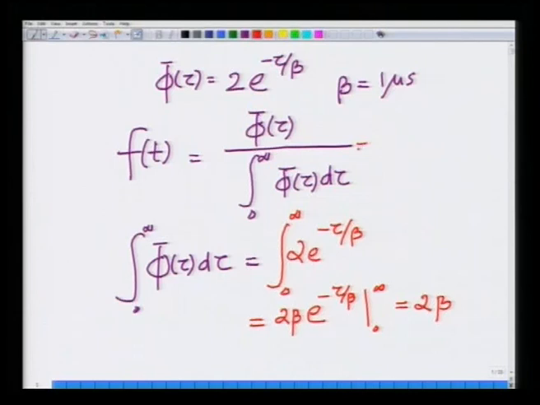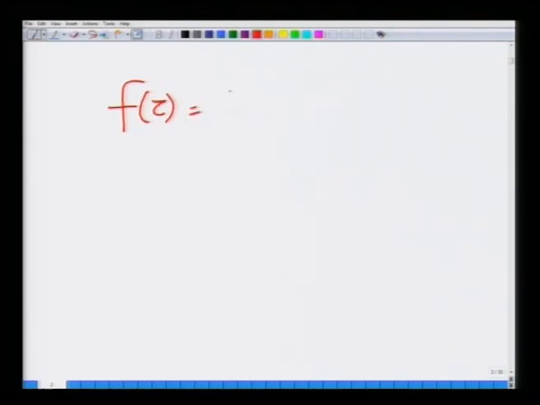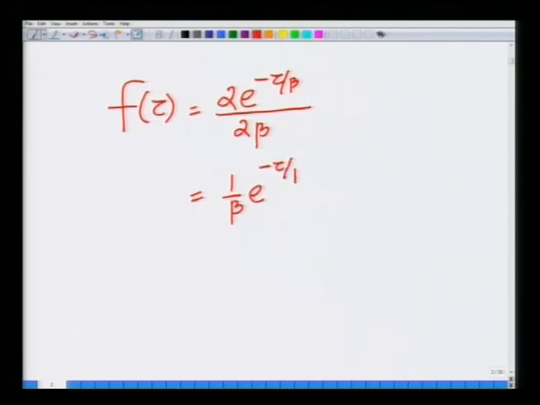Hence, f of tau is phi bar of tau over the integral of phi bar of tau d tau, which is phi bar of tau divided by 2 beta. Hence, the fractional power profile can be derived as 2 e power minus tau over beta divided by 2 beta, which equals 1 over beta e power minus tau over beta.